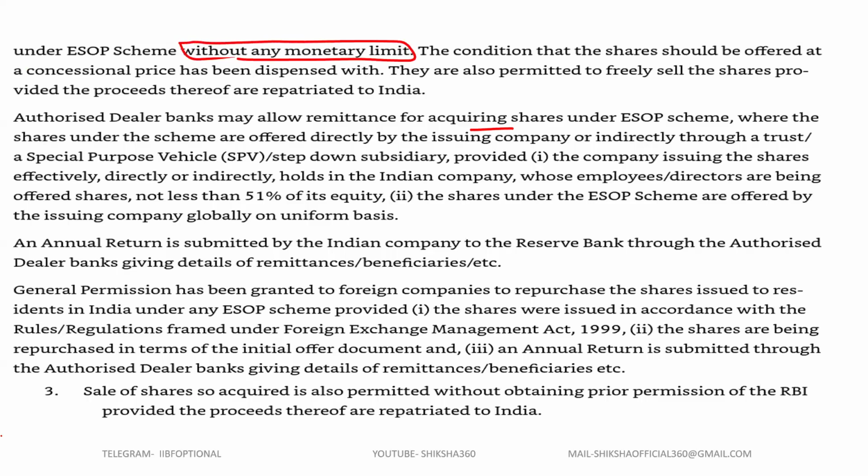The condition that the shares should be offered at a concessional price has been dispensed with. They are also permitted to freely sell the shares, provided the proceeds are repatriated to India.